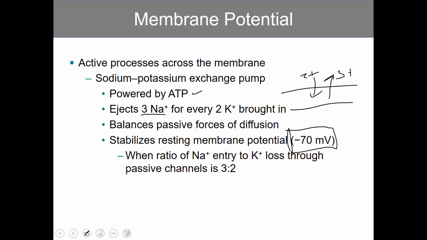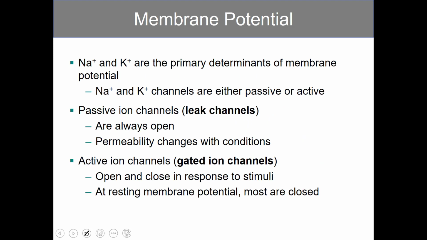It's going to be relatively negative compared to outside. That's the big difference. So the ratio of sodium entry and potassium loss through that passive channel is about 3:2. So sodium and potassium are the primary determinants of the transmembrane potential.